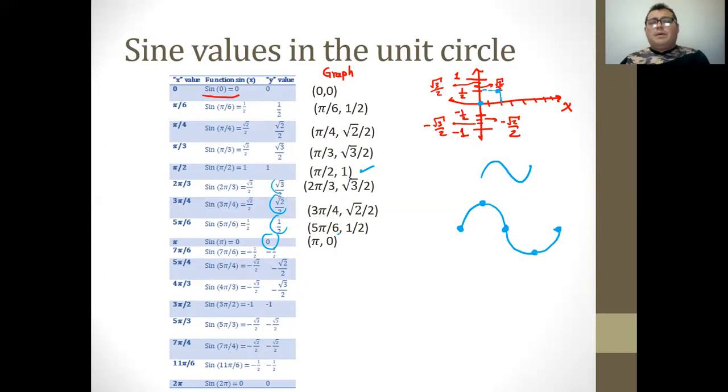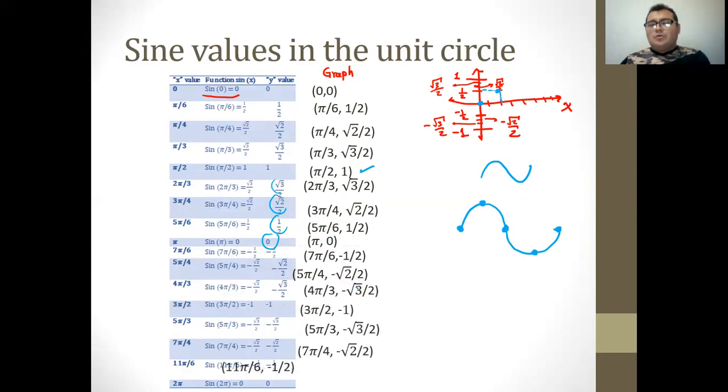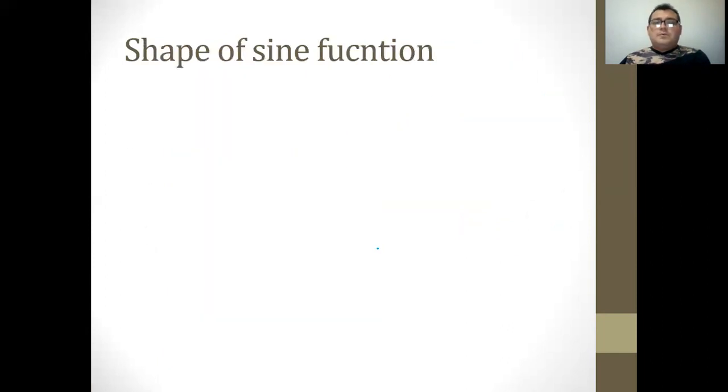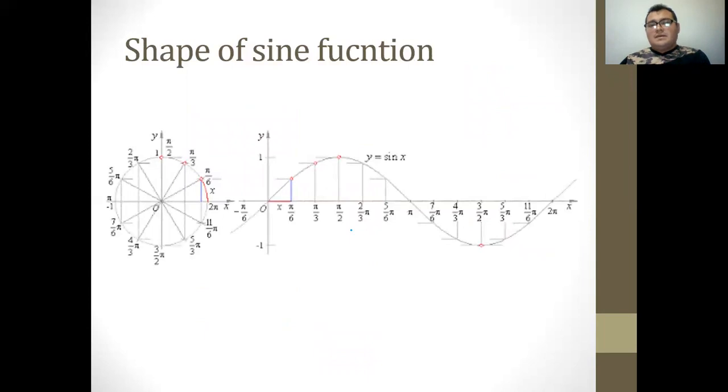That's the pattern we have for this function. That's what I need you to show me in the coordinate plane you make. At the end, the job you make for this hour will be something like this. Of course, you don't need to show me the circle. You just need to show me this connection of values and this shape of sine.